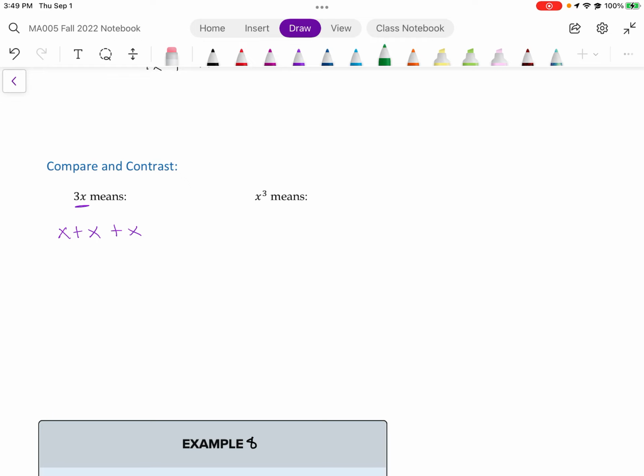X cubed means x times x times x. So it's repeated. That's the similarity, but that's where it ends. Because this is repeated addition, and this is repeated multiplication.